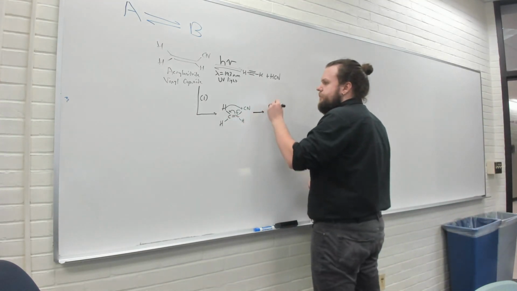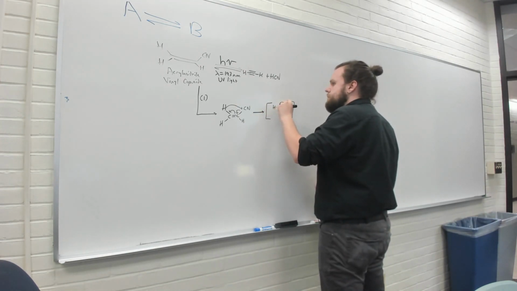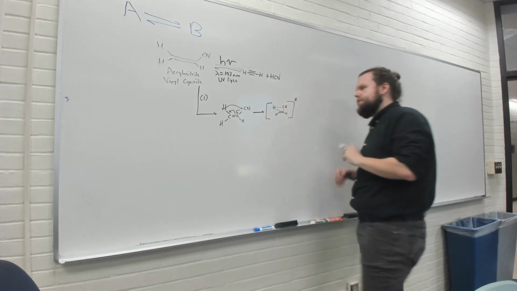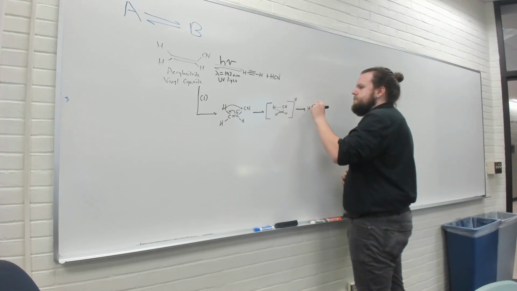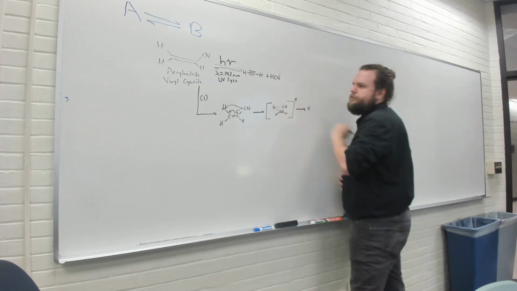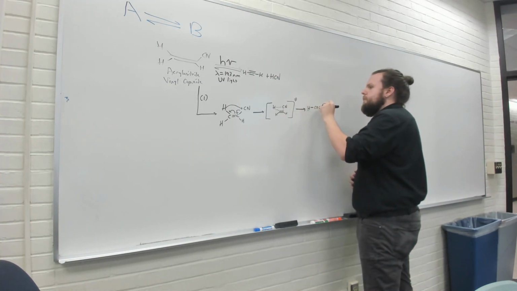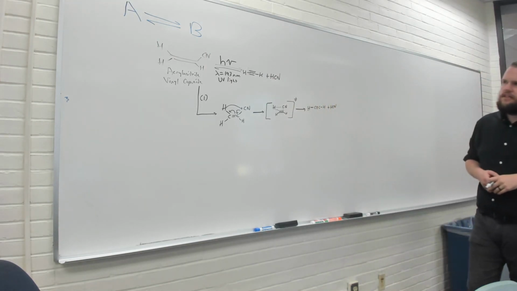So the transition state for this looks like this. This is the transition state, and then you get acetylene out. I'll make a fake triple bond there. And HCN. All right, so that's one mechanism.